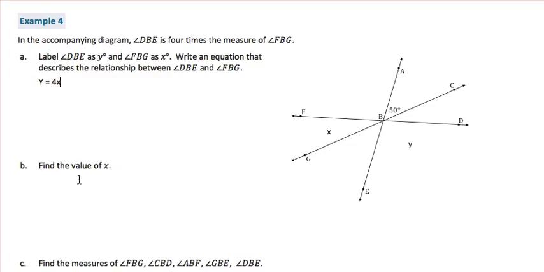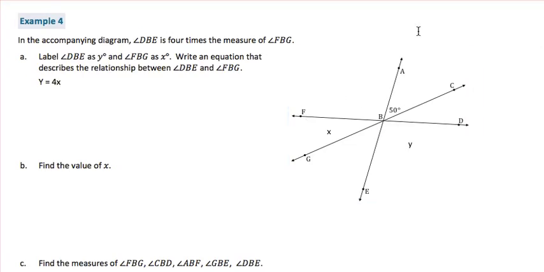Now, finding the value of X is going to require us to know a little something about our diagram. But we have 3 straight lines that are intersecting at the same point. And that means that the angle across from Y would be congruent.